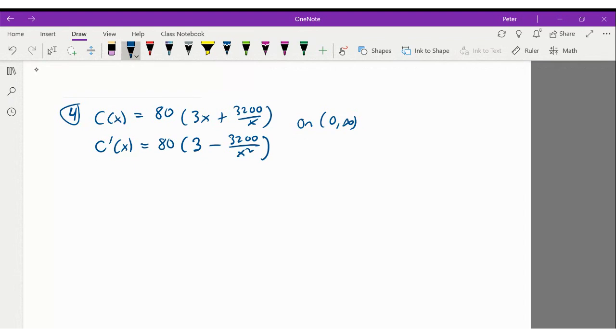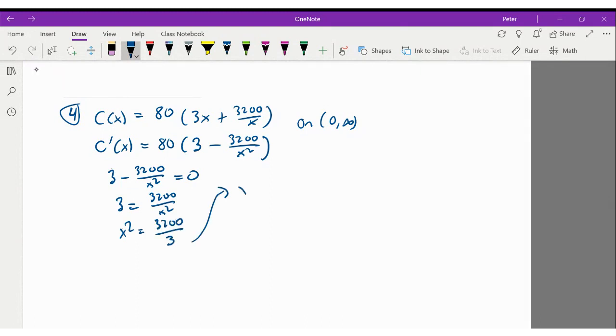So all I want to do is set this to 0. 80 obviously can never be 0, but the other factor can. So I want 3 minus 3200 over x squared to equal 0. 3 is going to equal 3200 over x squared. That gives us x squared equals 3200 over 3.